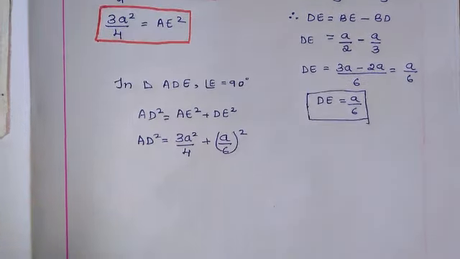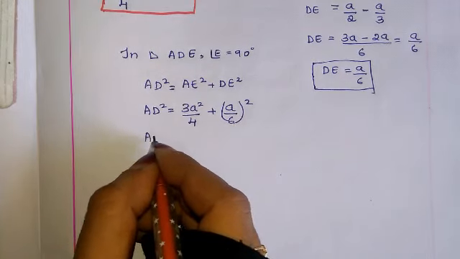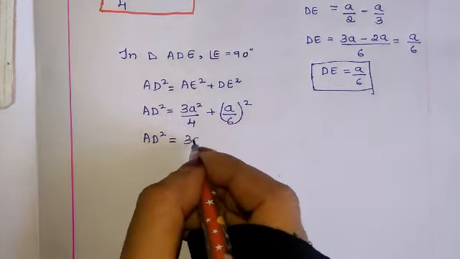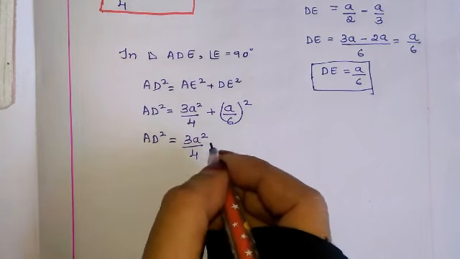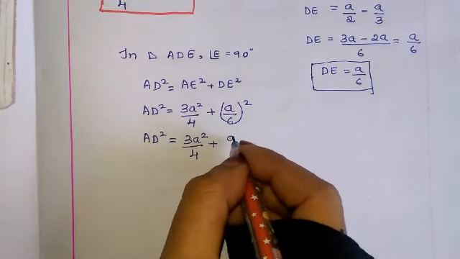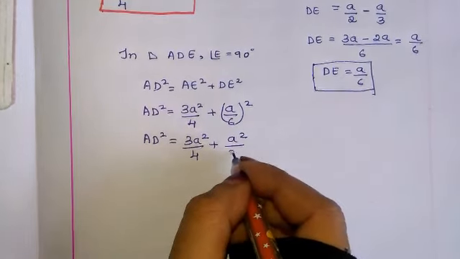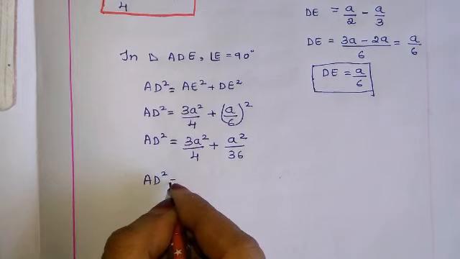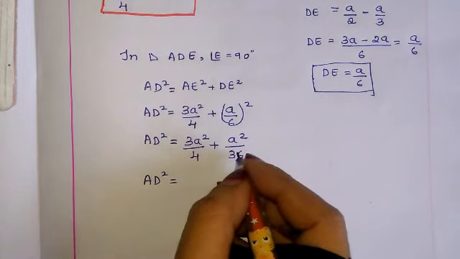Let us solve this. AD square is equal to 3a square by 4 plus a square by 36, since 6 square is 36. We know that the LCM is 36.